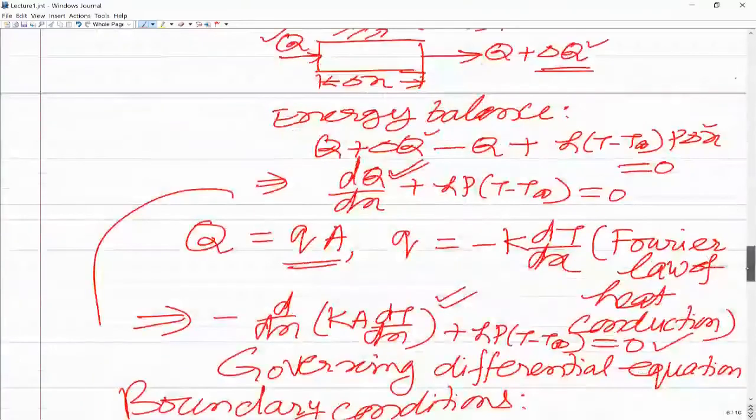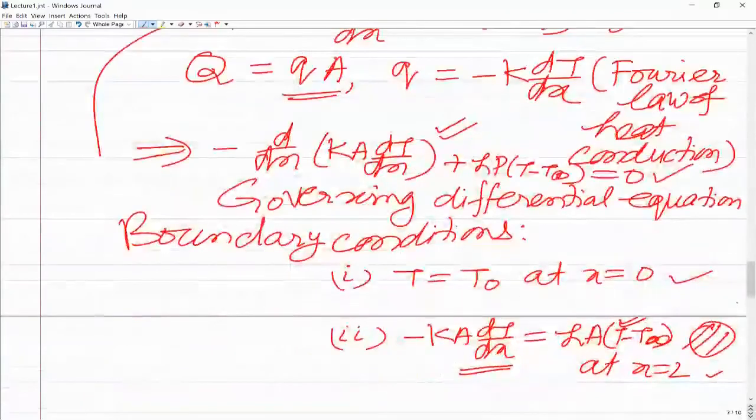Sir, can we take temperature as T infinity at x equals L? That is a boundary condition. Actually, in general, when you are using a fin, you would be interested in transferring heat from the basic system. That would be at a higher temperature compared to T infinity, because T infinity is the environment temperature. If that surface has the temperature T infinity, then there is no heat transfer.